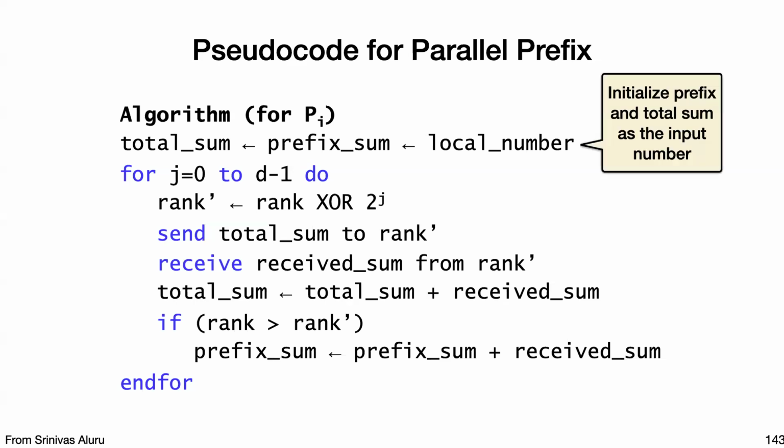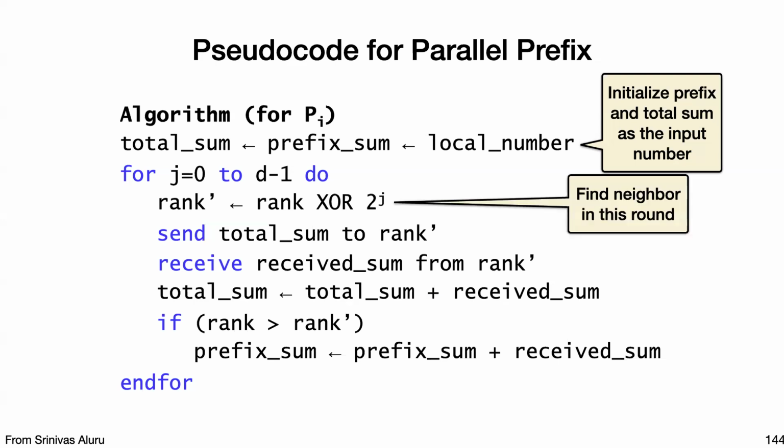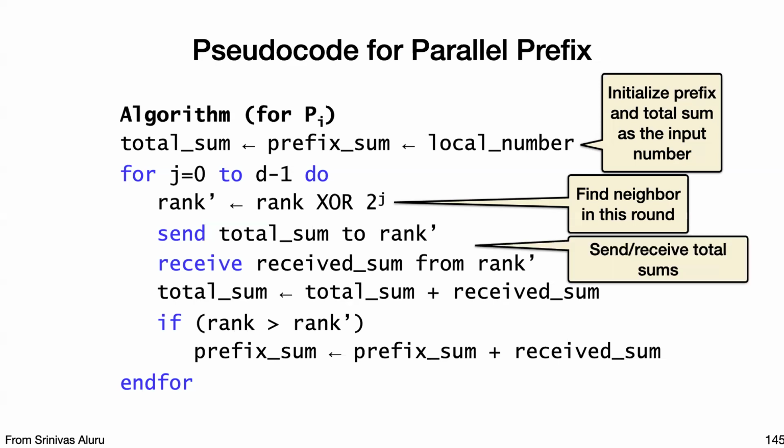So this is the start. You have two numbers, prefix and total, and you initialize them both as the input. Then you find your neighbor in this round. There are number-of-bits rounds. We send and receive the total sum. So we don't ever actually send or receive the prefix.